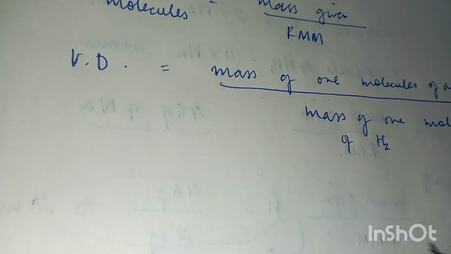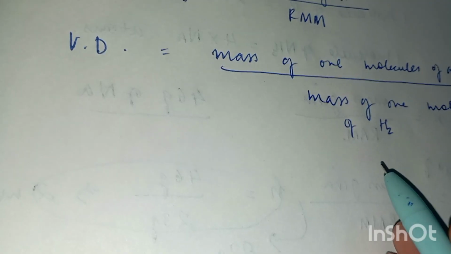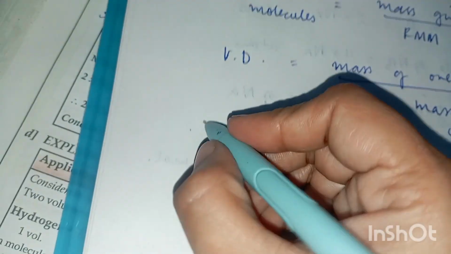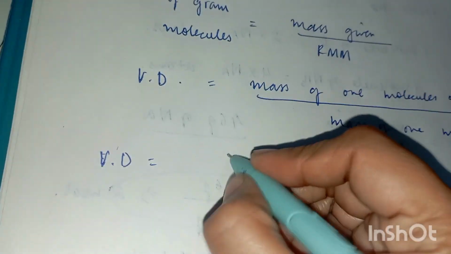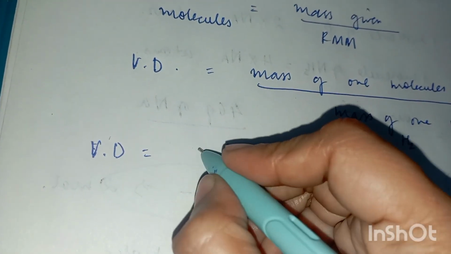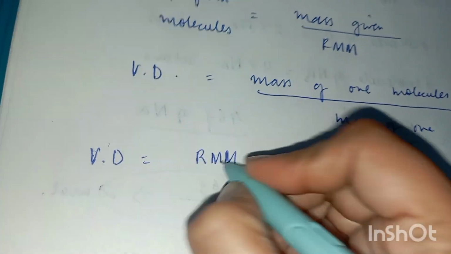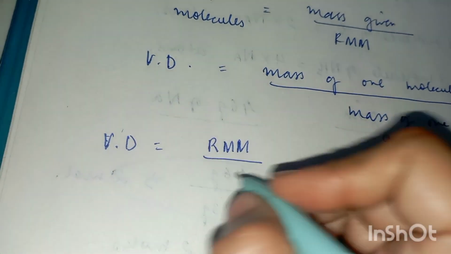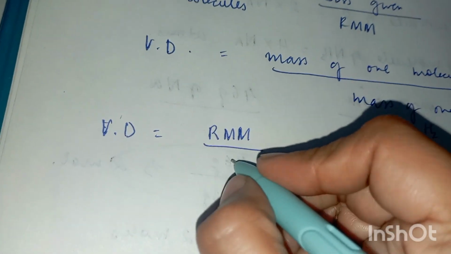One atom of hydrogen has atomic mass 1, so for 2 atoms of hydrogen, the molecular mass of hydrogen will be 2. You can write vapor density as equivalent to the mass of one molecule of any gas, or you can say relative molecular mass, upon the mass of one molecule of hydrogen, and the mass of one molecule of hydrogen is 2.